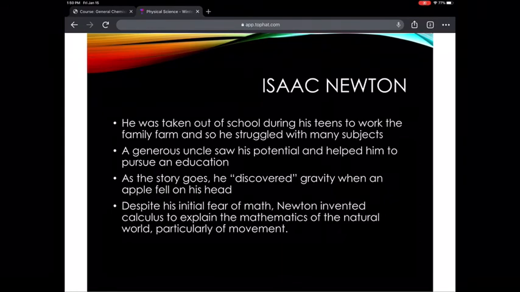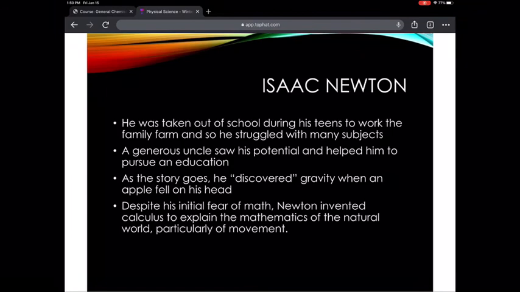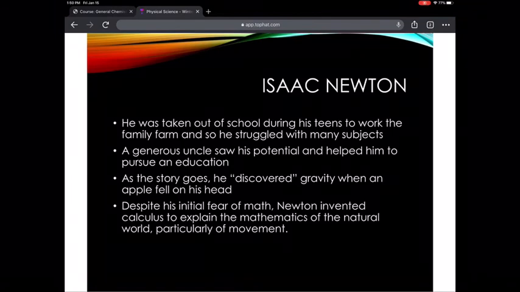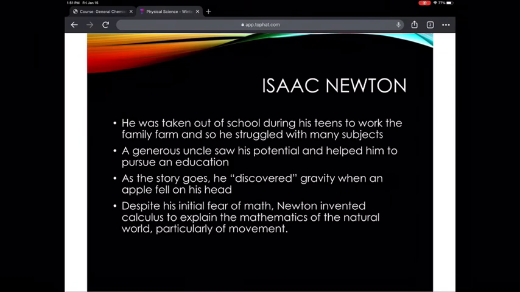Despite his initial fear of math, Newton invented calculus, and he invented this new math to explain the mathematics of the natural world, particularly of movement, because algebra just really couldn't do it. So even though Isaac had been somewhat trained to be afraid of math because his educational background wasn't that strong, he actually found a deep love for it.